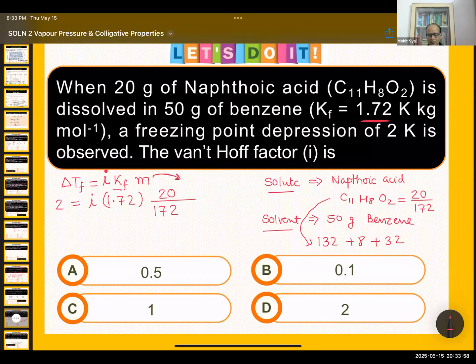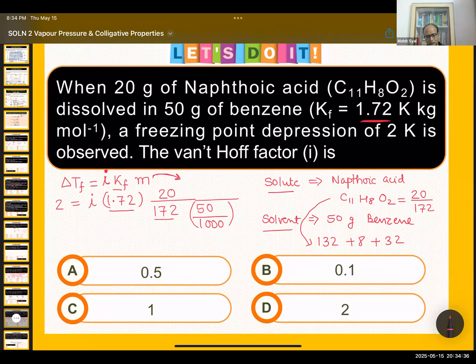Because this 172 and 1.72 are getting cancelled. These are the moles, and in molality, you take the moles and you take the mass of solvent. That mass of solvent is benzene, but you take it in kilograms, so divided by 1000. That is just 50 grams, so divided by 1000. Got it? Clear?